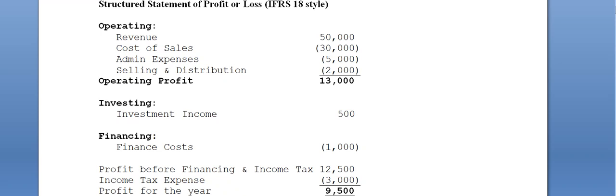You have the operating, the investing, and the financing items, as well as the fourth one to be other comprehensive income. Then under your operating activity, you have to recognize your revenue, your cost of sale, admin and selling distribution to arrive at your operating profit. Please take note of that.